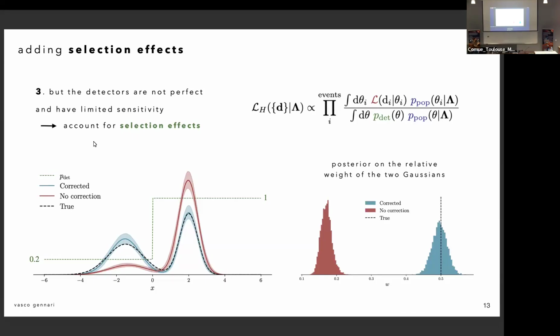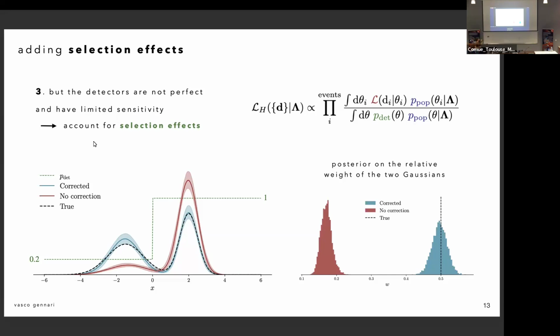But the events with negative X have only a 20% chance of being detected, right? So what I'm doing here, I'm generating the same population as before, 100 events. I take the events that came out with a negative value, and I only consider as detected, making up my actual catalog of observations, 20% of them.